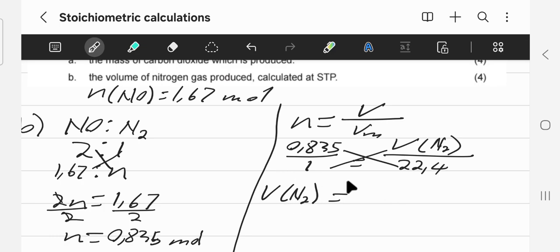So V is equal to 0.835 multiplied by 22.4, and the answer I'm getting is 18.704. So I'll round it off to 18.70 dm cubed. I hope, guys, you get how this works.